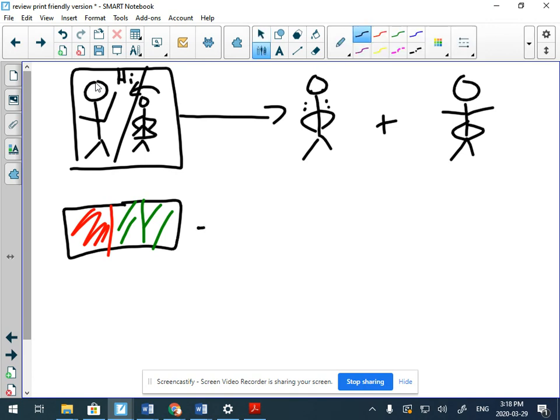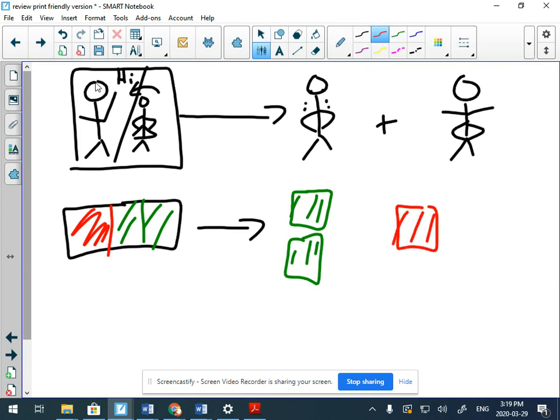When that system separates, if you break all the blocks up, you get 2 free green blocks and 1 free red block. And there's 1 of these, 2 of these, and 1 of those. Okay? So that's mole ratio when you separate compounds into ions.